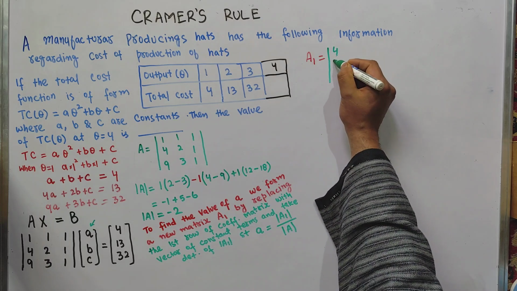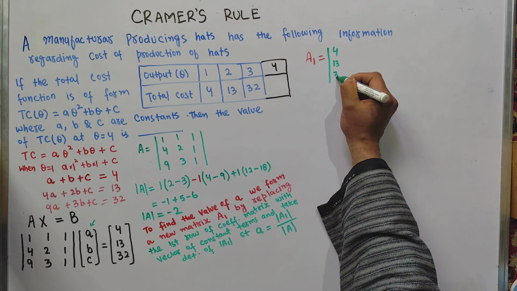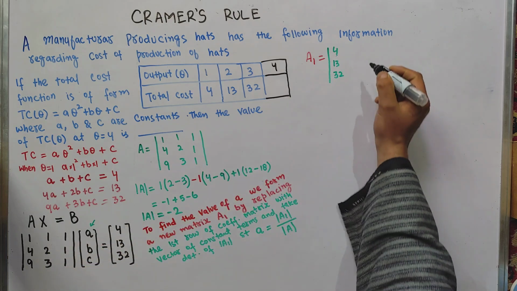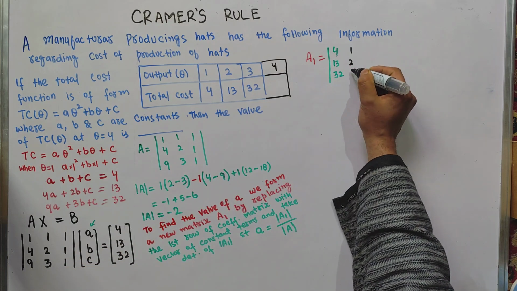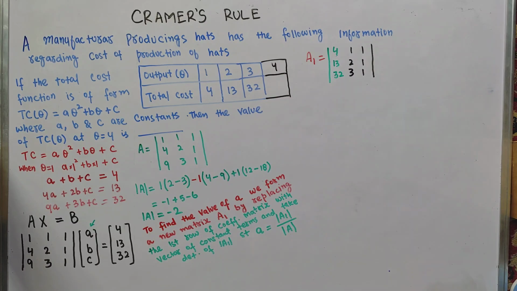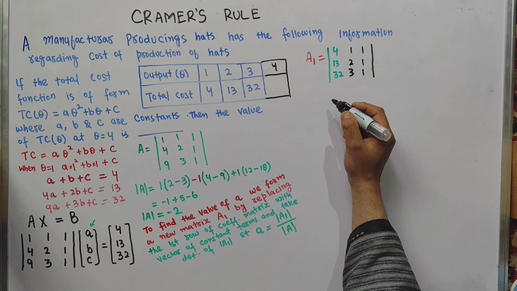We are replacing 1, 4, 9 with 4, 13 and 32, and the rest we write the same. We have 1, 2, 3 and 1, 1, 1. Now we take the determinant of this matrix.